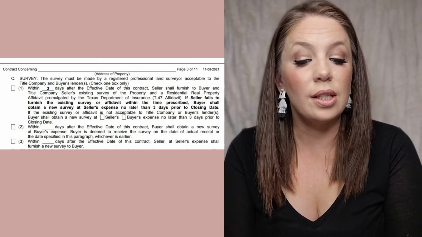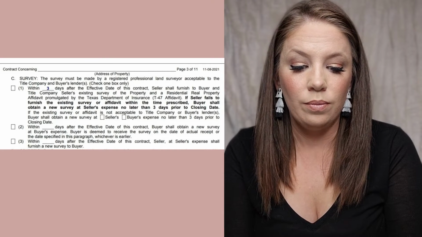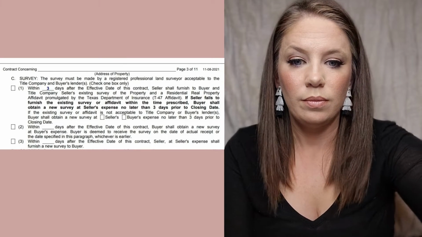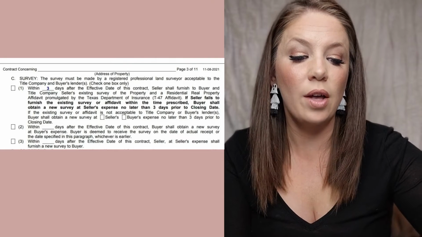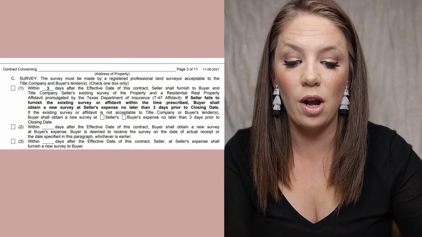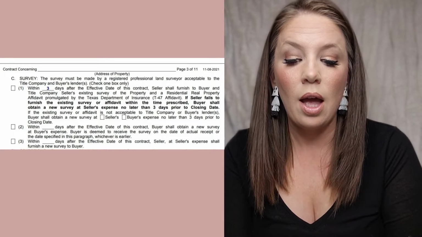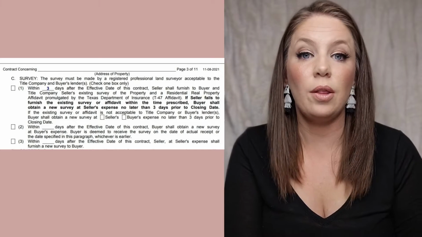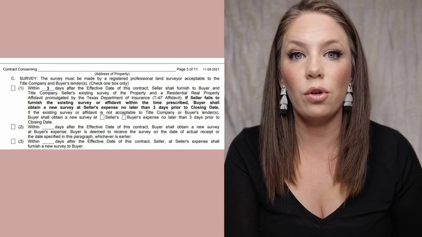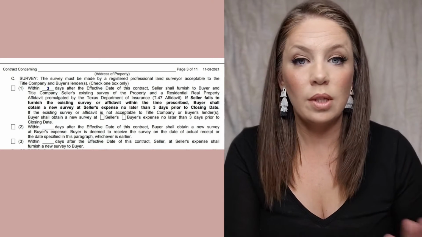If the seller does not provide those items within the agreed upon time frame, then the buyer will obtain a new survey at the seller's expense. So remember, 6C2 is like the buyer will pay for it, the buyer will order it. 6C3, the seller will pay for it, the seller will order it.